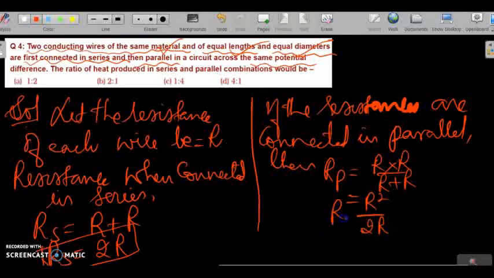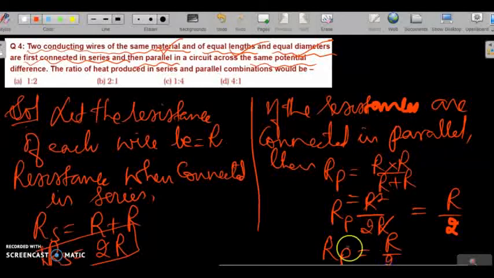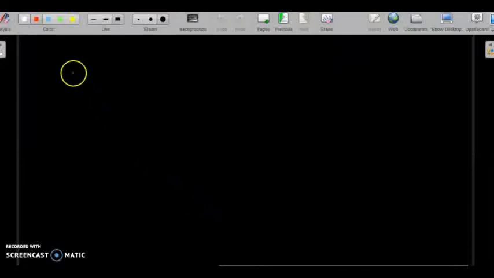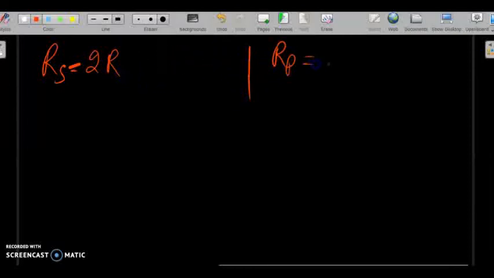That is Rp, which becomes R by 2. Good. Now what next? Rs we have calculated, that is 2 times R. The next, Rp, we have calculated, that is R by 2.